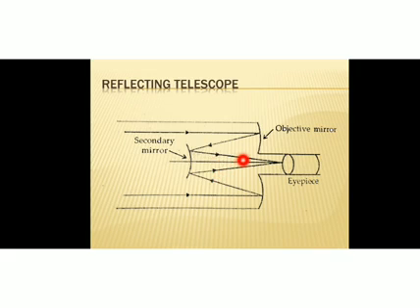So the first image is inverted with respect to the distant object, and secondly the image is produced by the secondary mirror. That is, the secondary mirror is a convex mirror, and a convex mirror produces an erect image, isn't it? So that second image will be an erect image with respect to the first image. So what will be the final image?